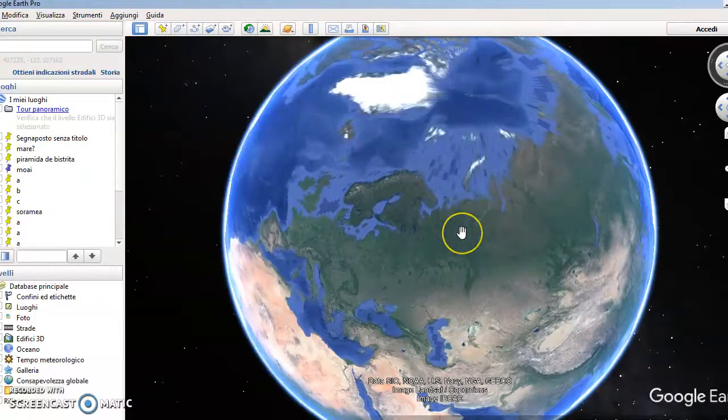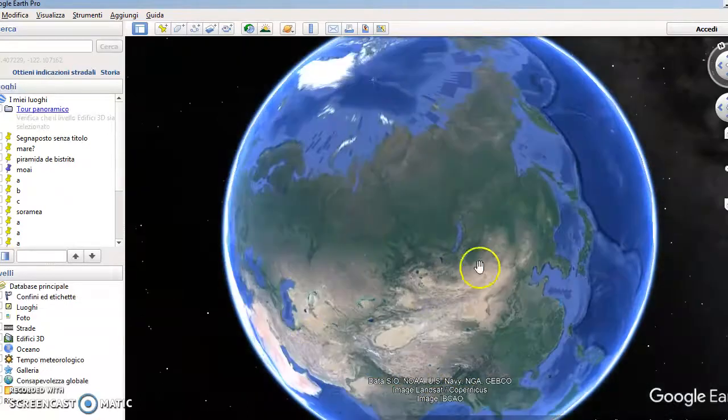So the liver and the spleen, and here nearby is the gallbladder and one kidney. The other kidney could be in this part.